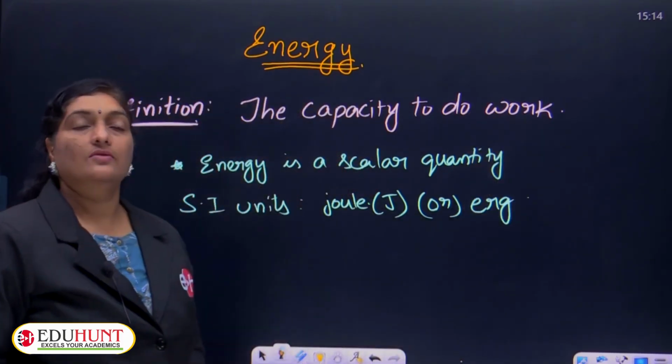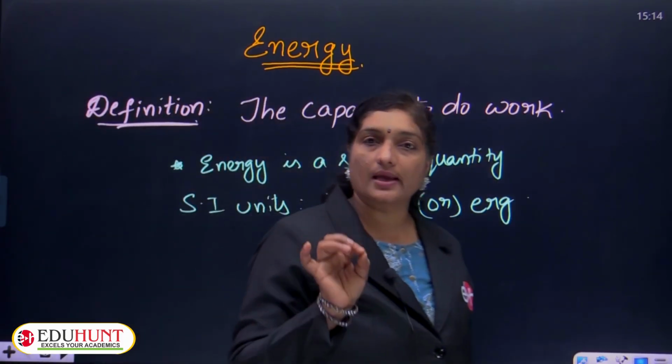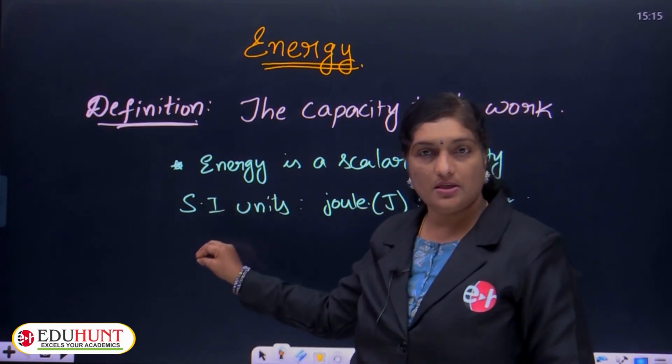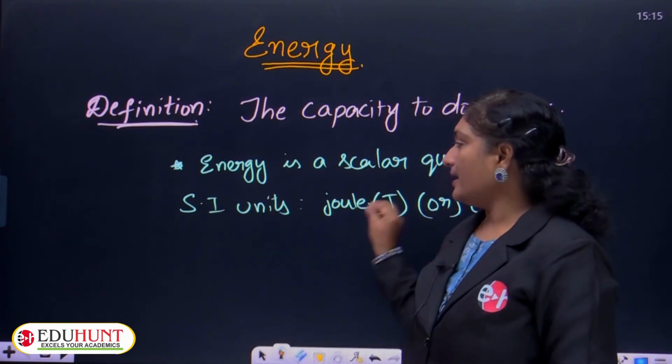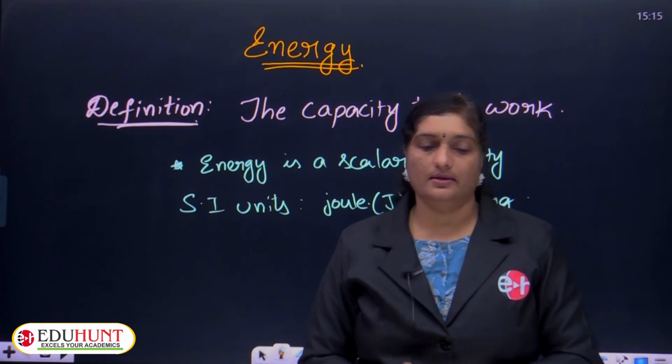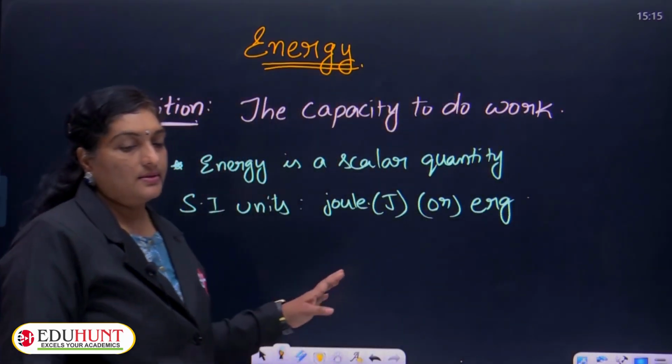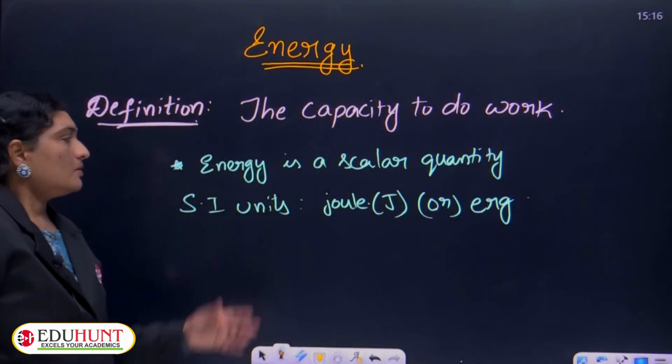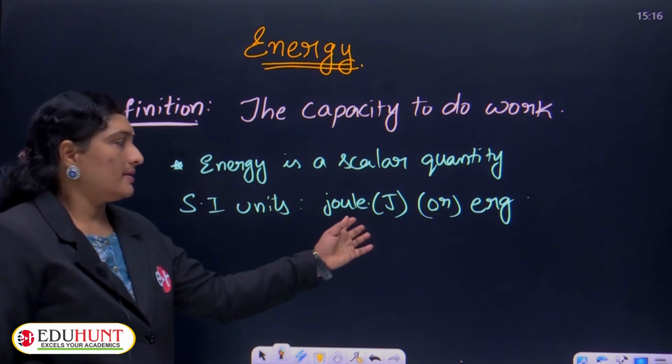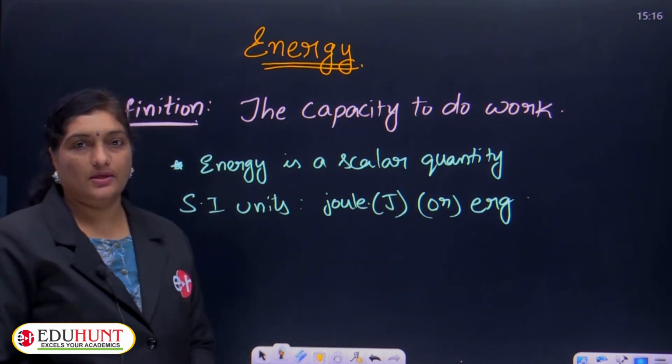So, always remember children, energy is a scalar quantity and the SI unit is joule, whereas the CGS unit is erg. So always remember that.